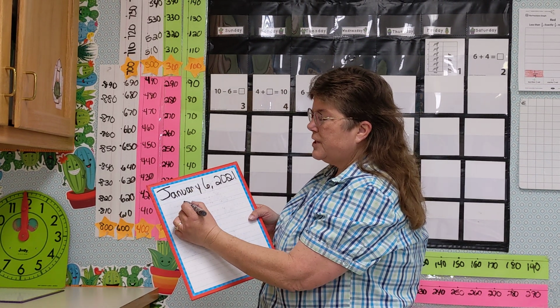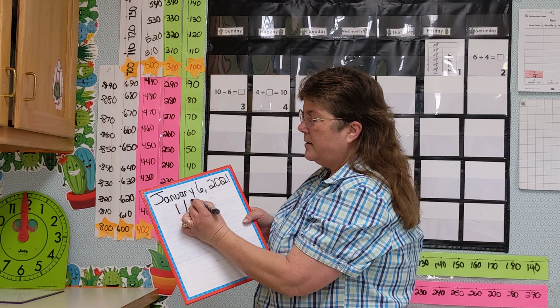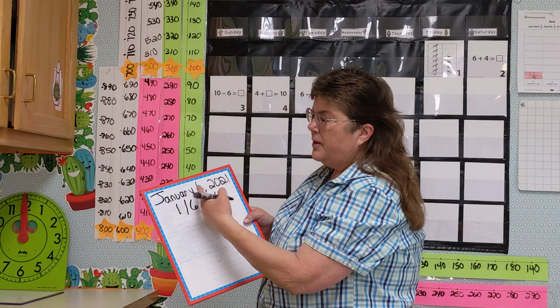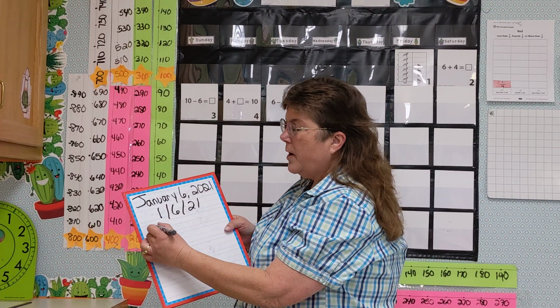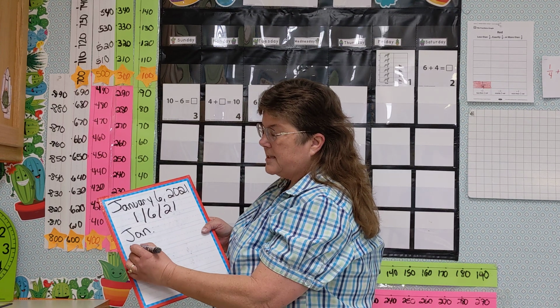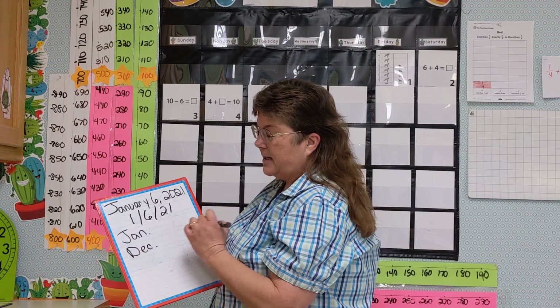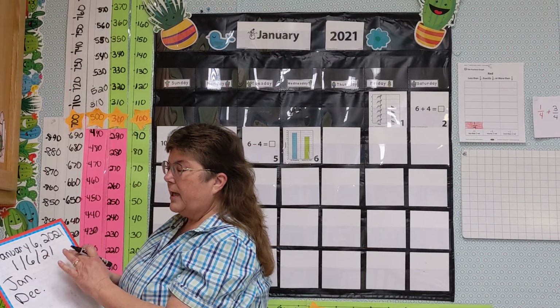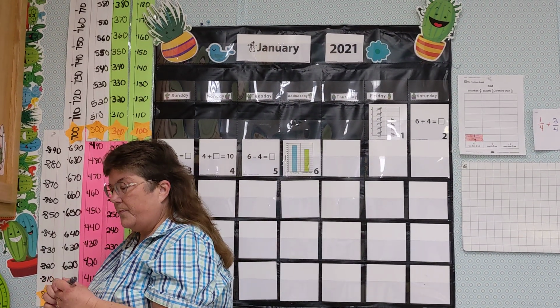The abbreviation for January in numbers is 1-6-21. The abbreviation in words for January is just JAN. Before in December, it was DEC. So we can abbreviate the months of the year, and we can put them in number form.